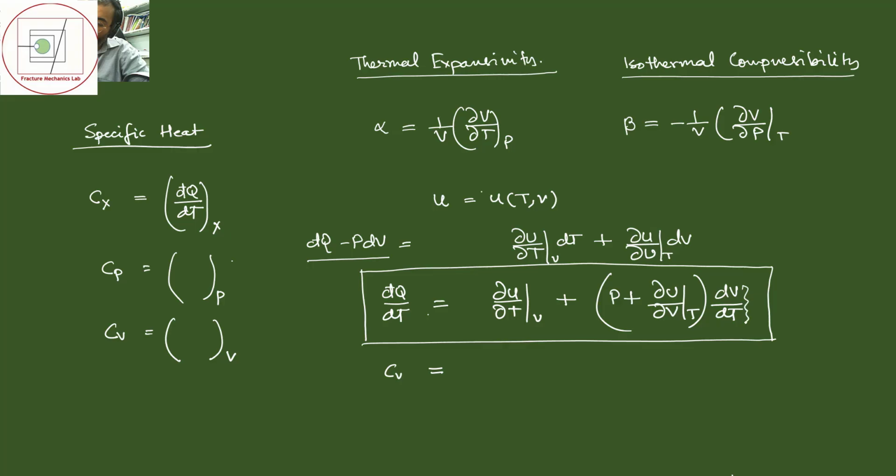So the second term goes away, and what remains is just del U by del T at constant volume. And by definition, Cv is dq by dT at constant volume. So what do you see? The change in heat per unit temperature is exactly equal to the change in internal energy when the volume is constant. So that is Cv.